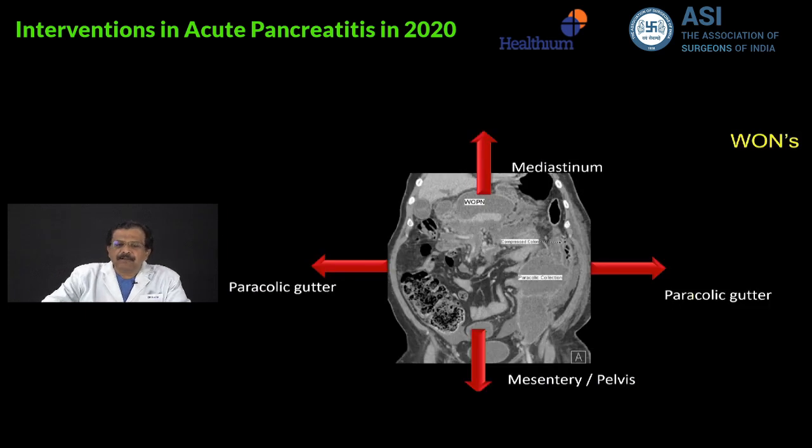So, as I told you, we have this walled-off pancreatic necrosis and this necrosis which is extending into paracolic gutters, mediastinum, or into the mesentery. So now, the preferential technique for walled-off pancreatic necrosis should be decided based on the anatomical location of pancreatic necrosis and the extension of this walled-off pancreatic necrosis into the other compartments.